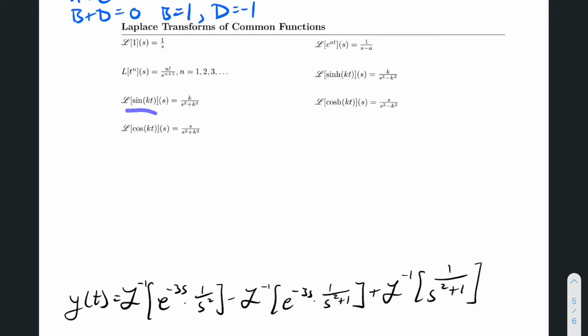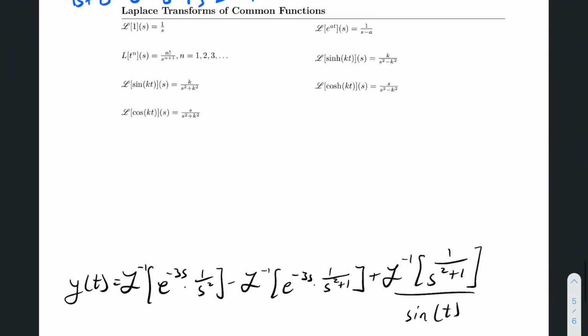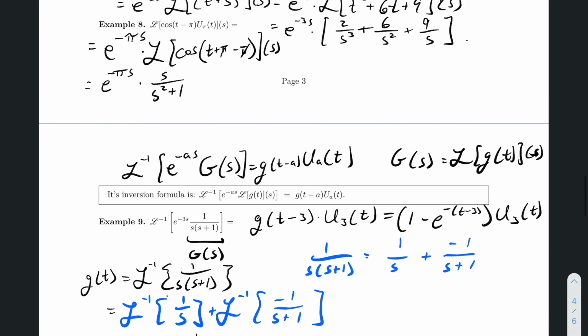It looks like this, so this is just going to be sine of t. And these ones will be the slightly harder ones. So e to the -3s times something. We're taking L inverse of e to the -3s times something.